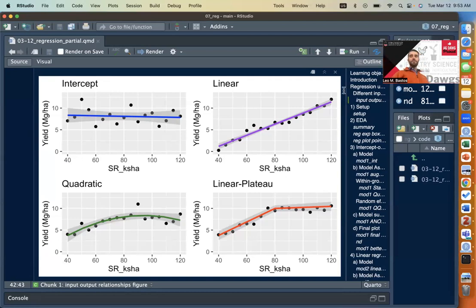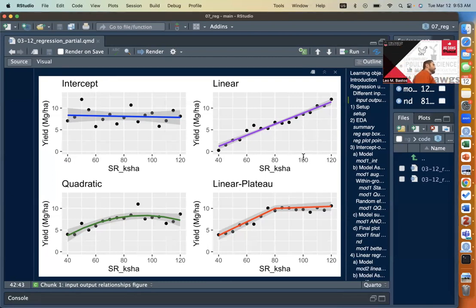So let's say that if you had continued increasing the seeding rate, your optimum would be, so you would plateau out at around 160, right? Within the levels that you had in your study, you did not achieve that biological limit, and therefore this is what we see.